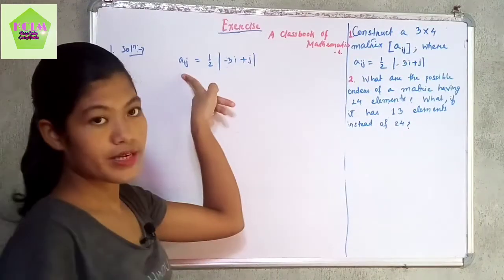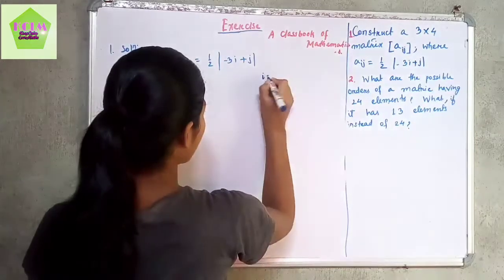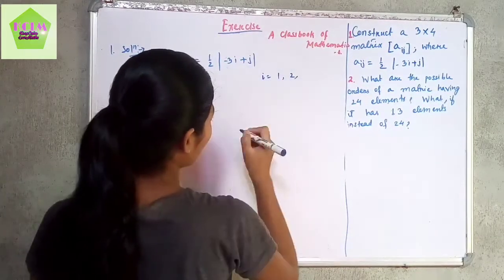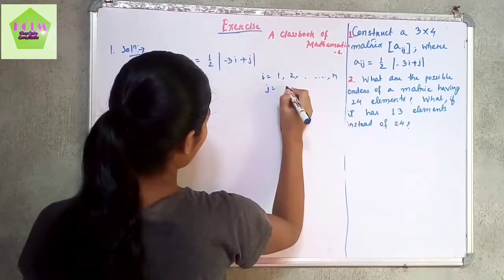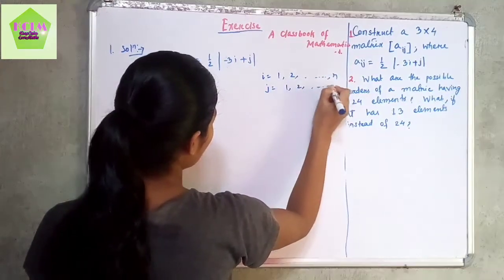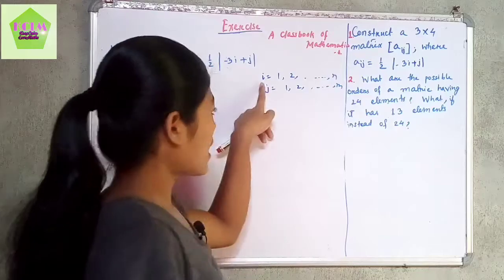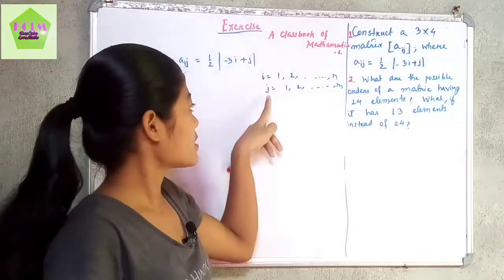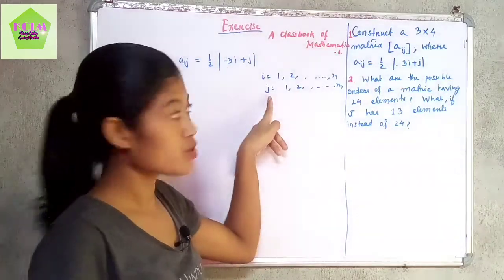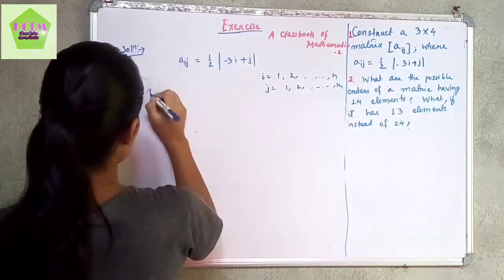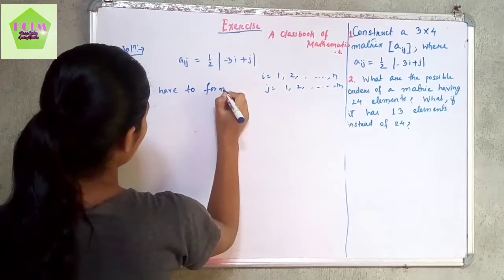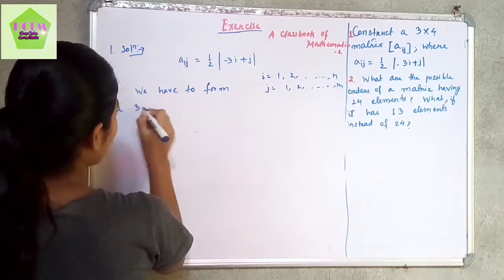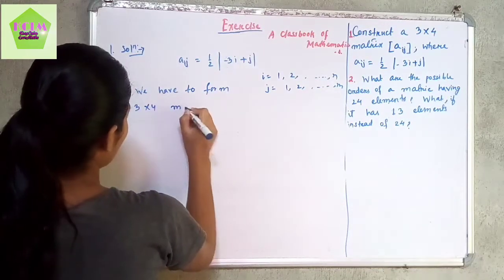Here i equals 1, 2 up to m and j equals 1, 2 up to n. i represents the number of rows and j represents the number of columns. Since this is a 3x4 matrix, we have to form a 3x4 matrix.